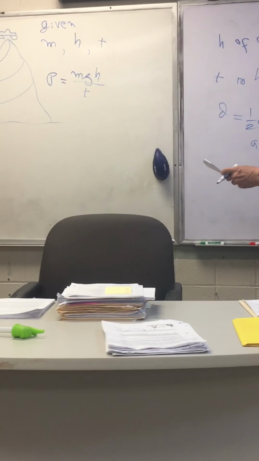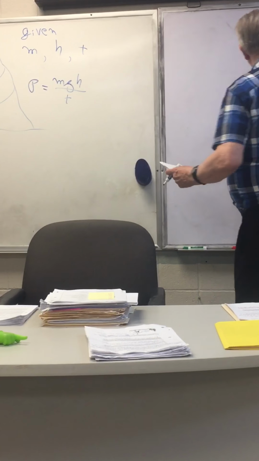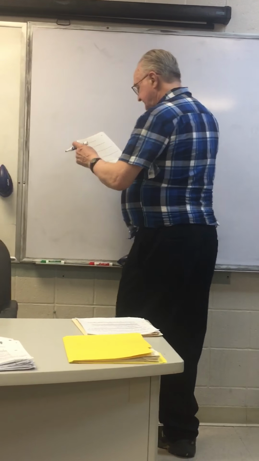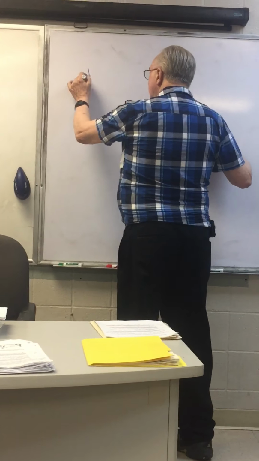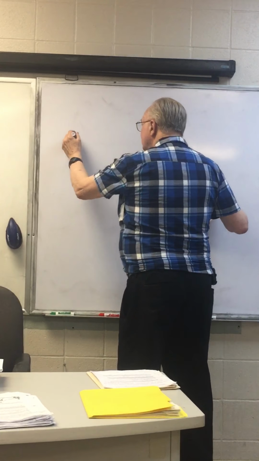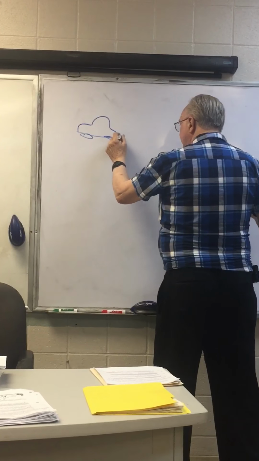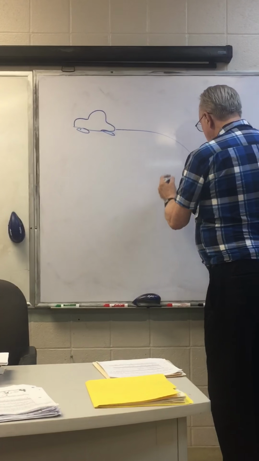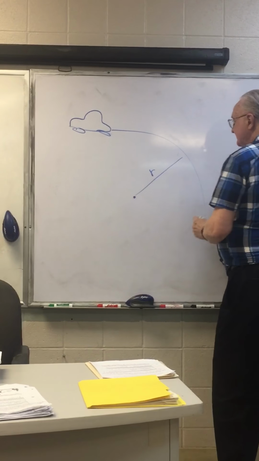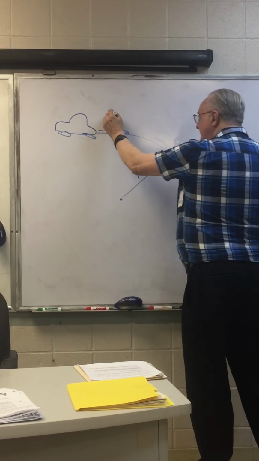Now here we've got a race car going around a curve, and the curve has a curvature so that its radius is given. You've got the speed, and the speed is constant, it's average speed.